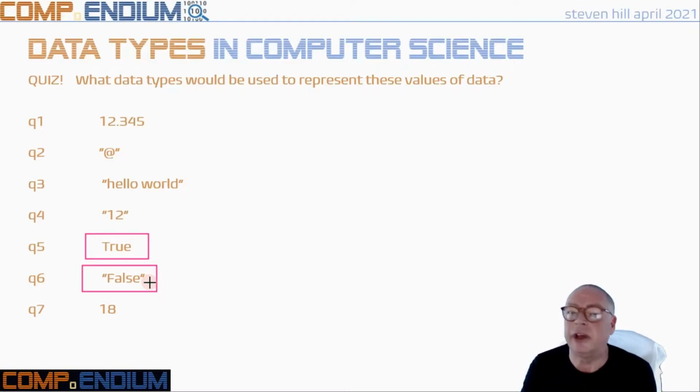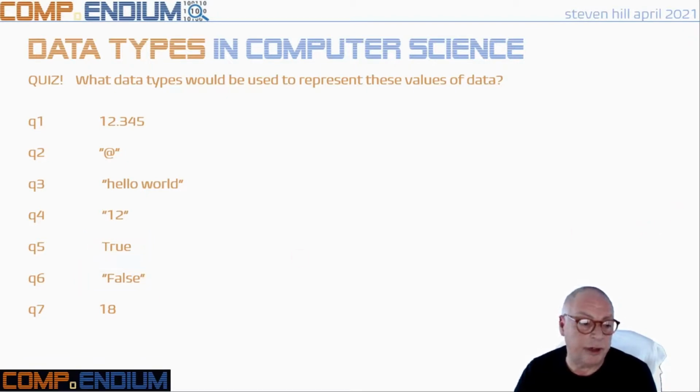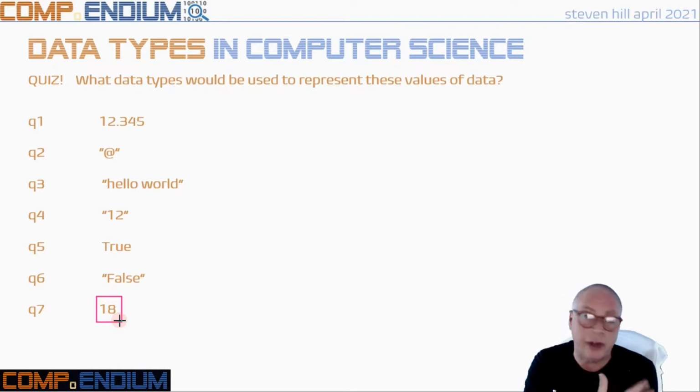So question 6 is a string data type because it's got the quotes at either end. And lastly then, number 18. It's a whole number, so it's an integer data type, and in fact you know for sure because there's no quotes on either side to say I want to use 18 in text, so it must be being used for maths, so it must be an integer data type.